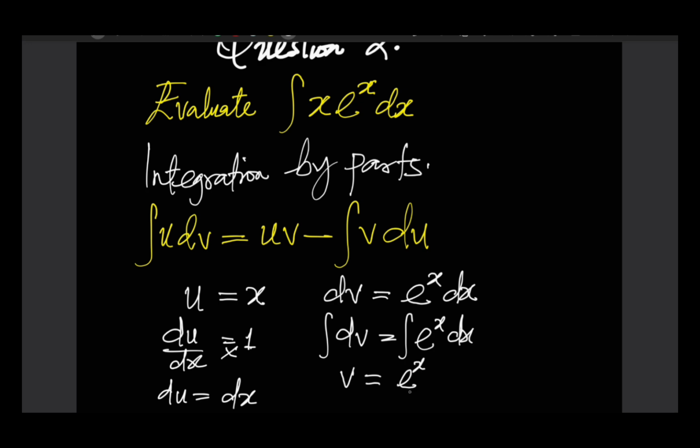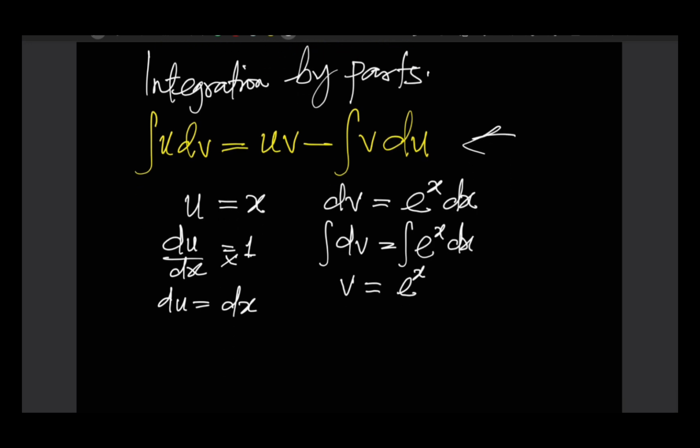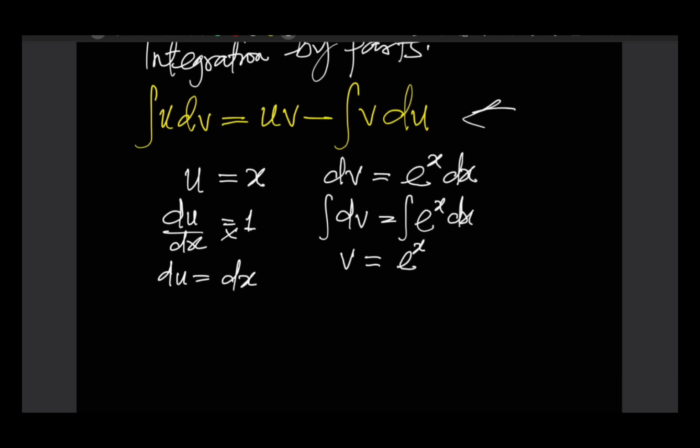But don't forget that what you need to do finally is to plug in everything you've gotten into the formula for integration by parts. And how are you going to achieve this? It's pretty simple. Now we have the formula already. The integral of, what's your u? You know your u to be x. What's your dv?